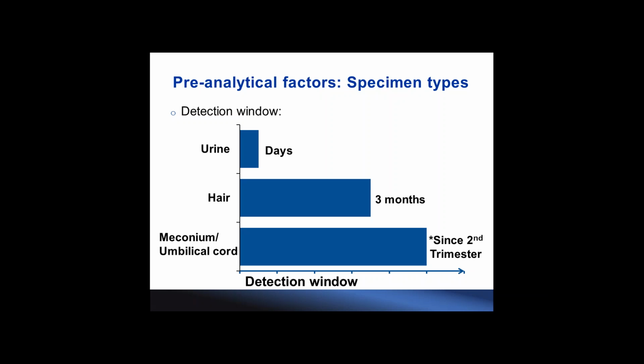And so the concentrations can't really correlate with any of the drug-taking events of the mothers, because we cannot tell when the mother last took the drug. We don't know how frequently the mother took the drug. We don't know how much of the drug dose this mom took each time. And we don't know when the earliest the mom started taking the drug. So we need to keep in mind that this is a reservoir type of specimen.